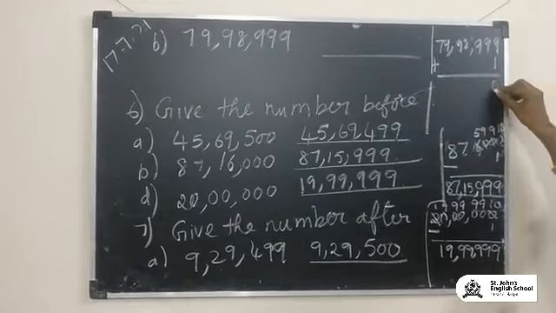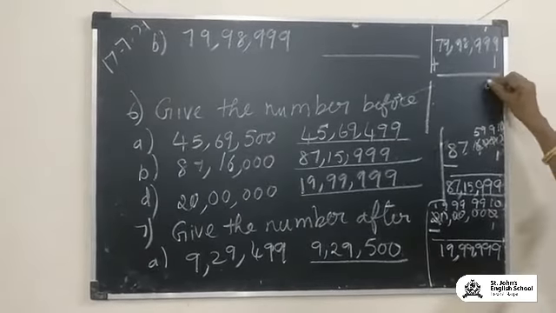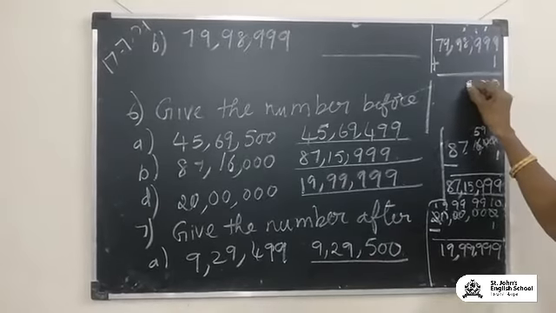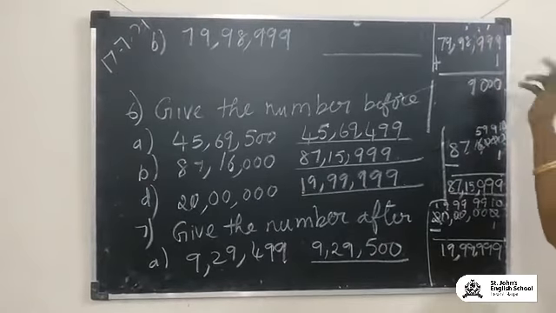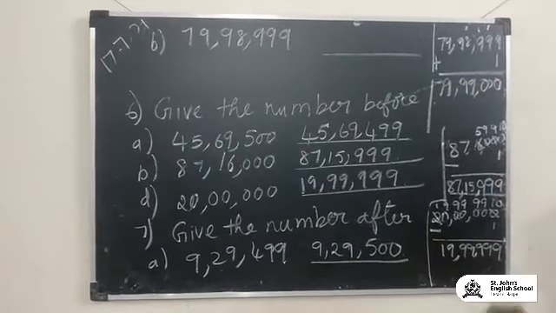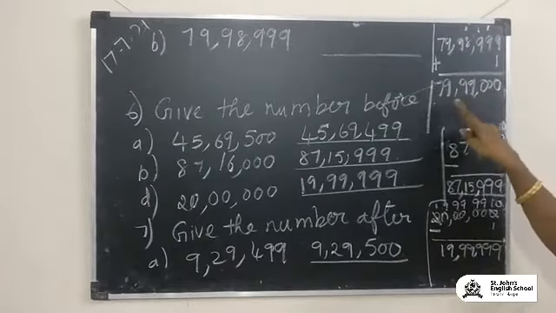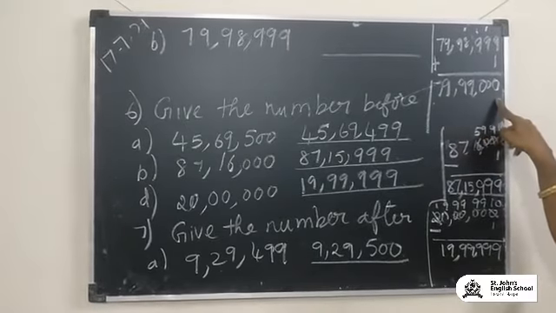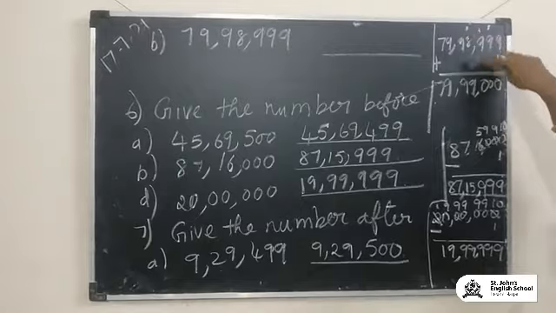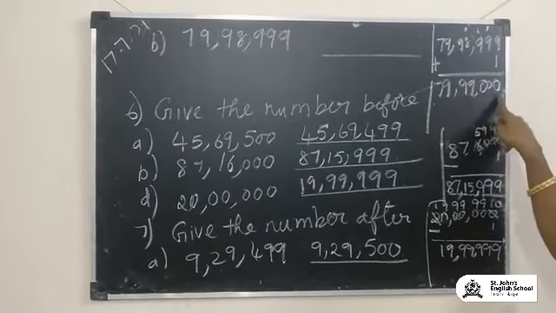So 9 plus 1 is 10, again 1 plus 9 is 10, again 1 plus 9 is 10, 1 plus 8 is 9. Now there is no carryover. 9, and this is going to be 79. So this is going to be 79 lakhs 99,000, because 999 will become 1000, that 8 will be 9, and all the other digits will be the same.